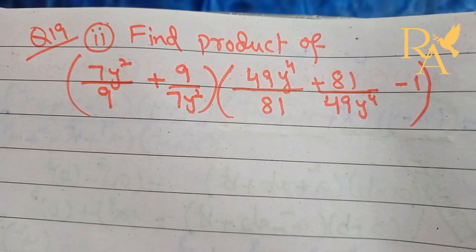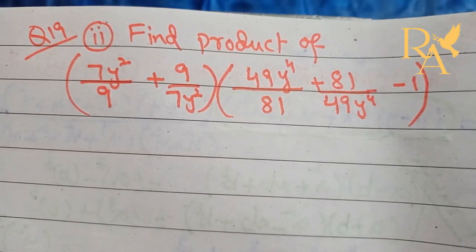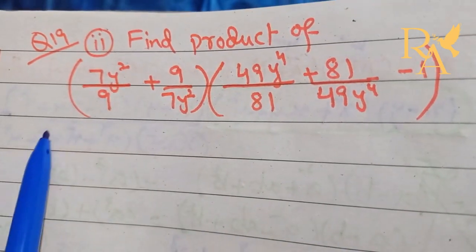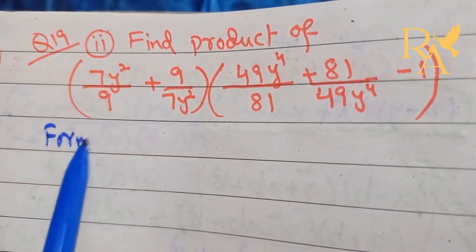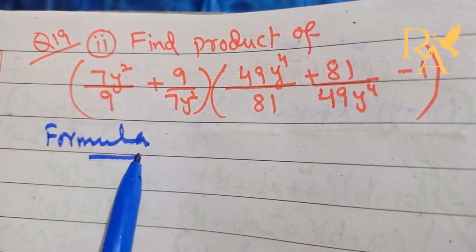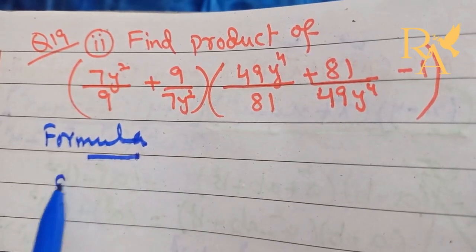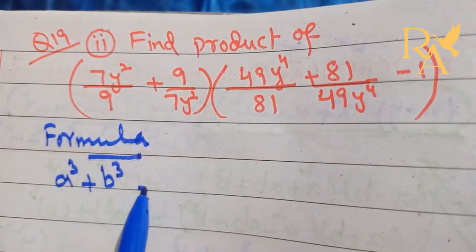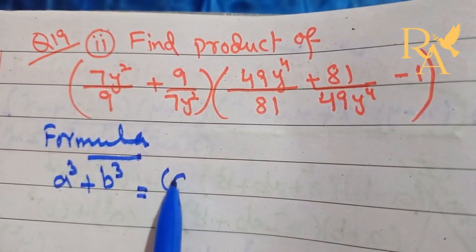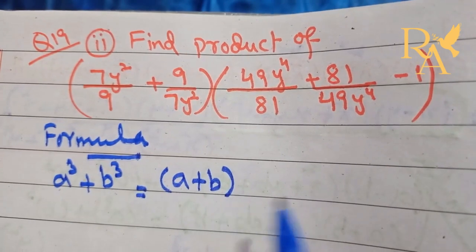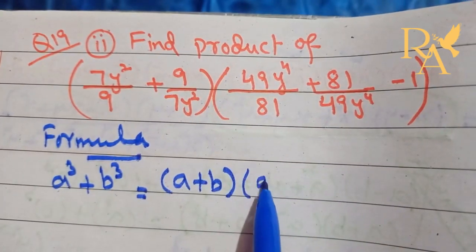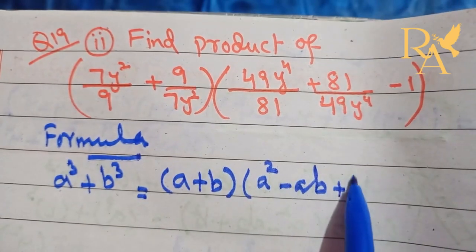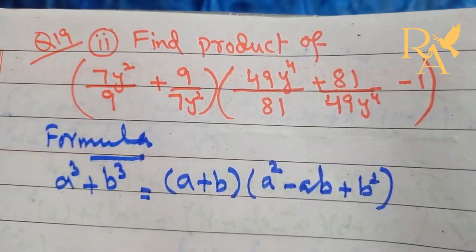For solving question number 19 of exercise 3.2, we will use the formula A³ + B³ = (A + B)(A² − AB + B²).